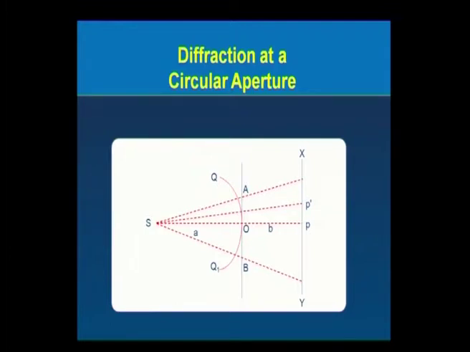As I told you just now, if you have only one half period zone, that is, light coming through the first half period zone alone is allowed to pass through the circular aperture, or in other words, the size of the aperture is such that it allows light to pass through only the first half period zone, the amplitude will be m1 and the intensity will be m1 square.